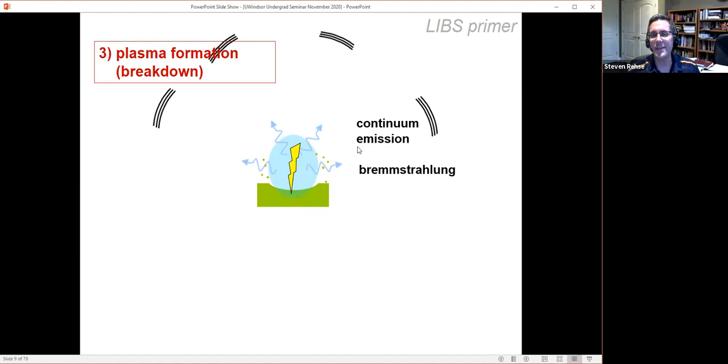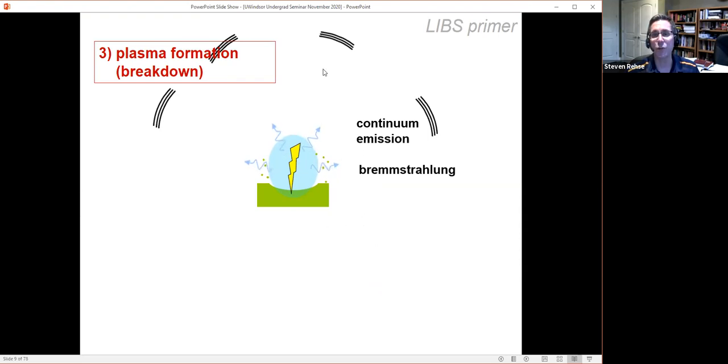And so the light coming out of that plasma in that picture is not specific to the atoms in that plasma. It's dominated by two non-specific sources of illumination. One is continuum emission, as there's a ton of ions and free electrons in this plasma. You all know about bound-bound transitions within an atom. When an atom makes a jump from one energy level to another, it gives off a photon specific to the gap between those energy levels.